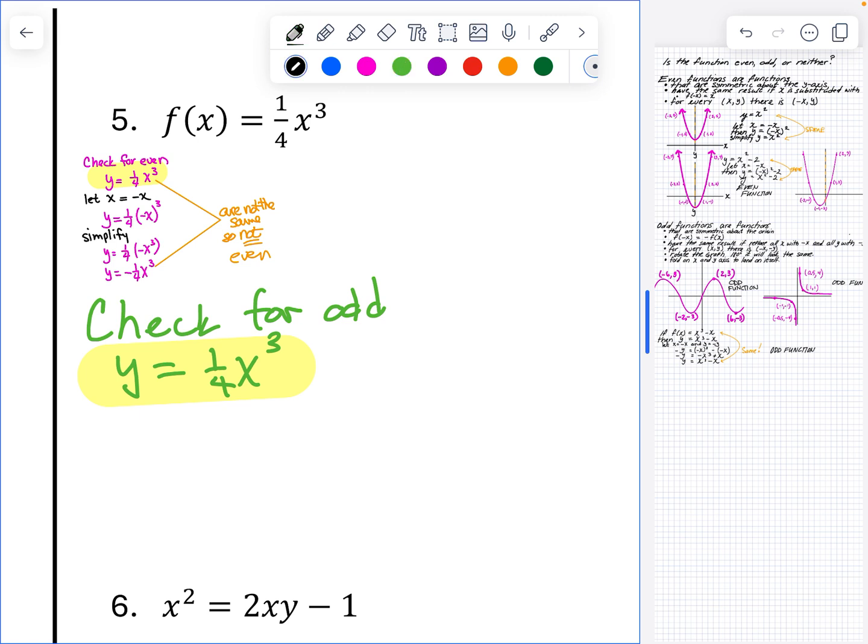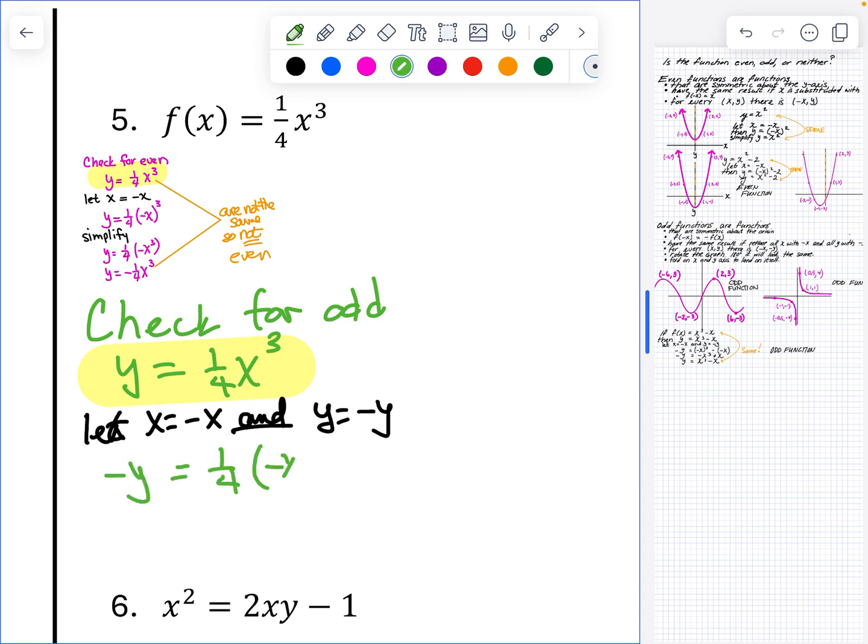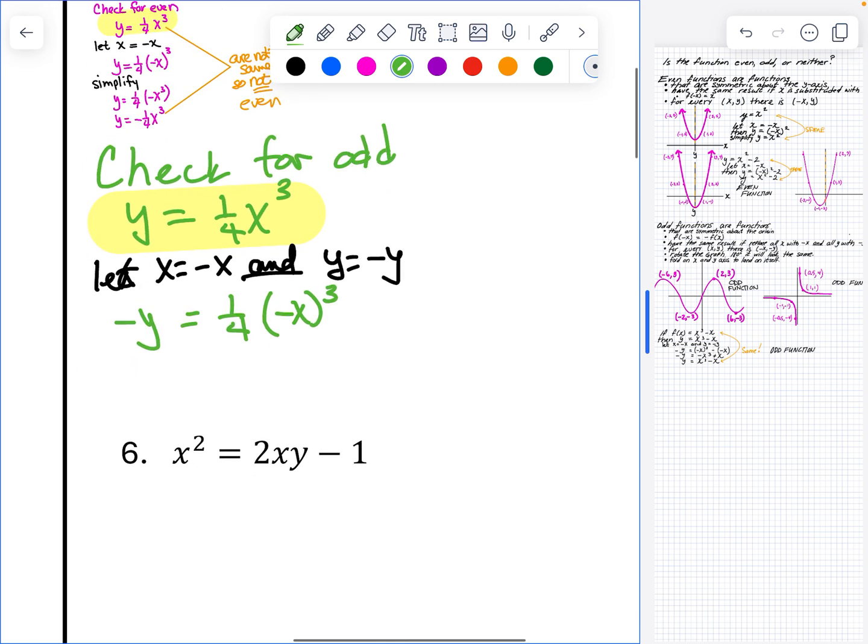Now I'm going to let x equal negative x and y equal negative y. So y is going to be negative y, and x is going to be negative x. Okay? Then I'm going to simplify it. And when I simplify, I get negative y is equal to negative 1/4 of x to the third power.